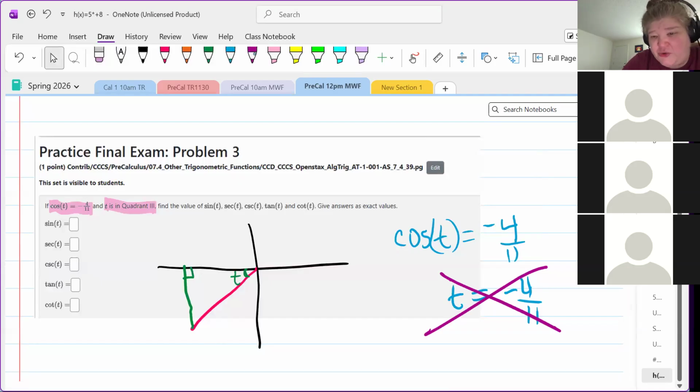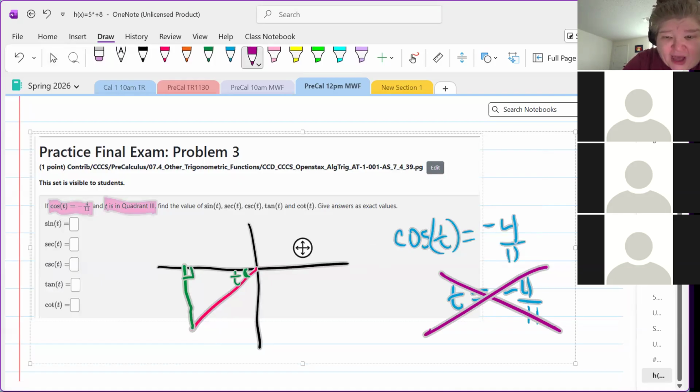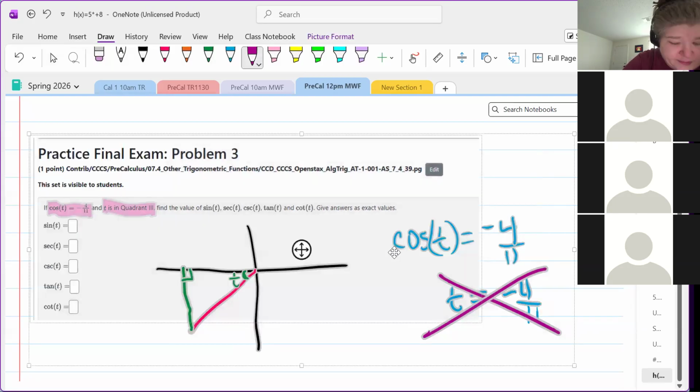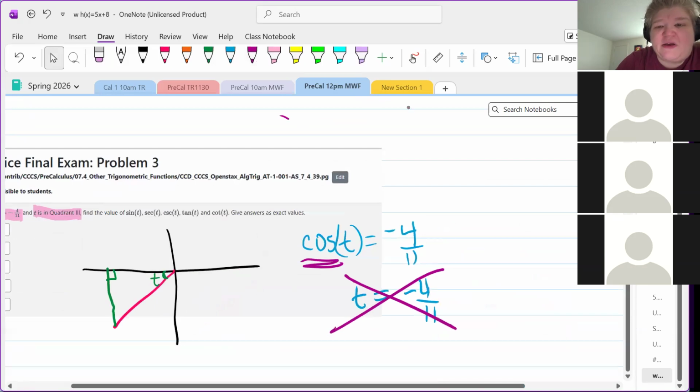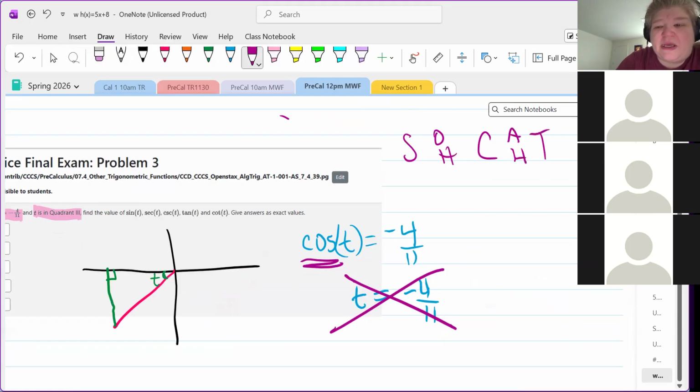So I need to use the one trig function I have. I have the cosine of T. So this is where our hippies come into play. So we have some old hippie caught another hippie tripping on acid. So caught another hippie, this is another over hippie, which is synonymous with adjacent over hypotenuse.